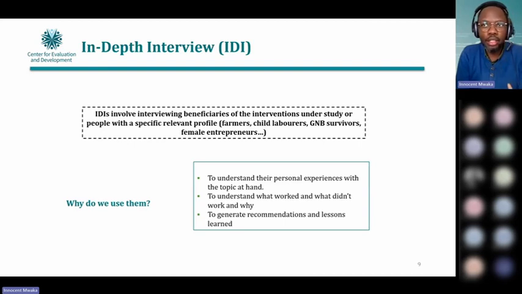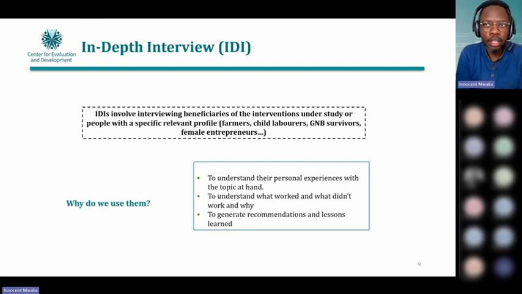So rather, the form of questions that we would design, and this is also for the efficiency of the data collection, the form of questions that we would design at this stage for the key informant interviews would be, let's say, looking at a relevance question.